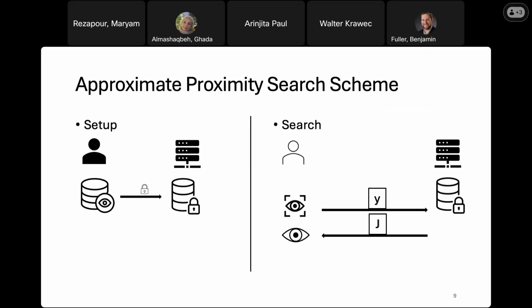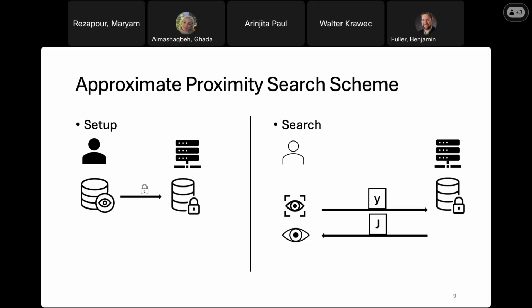Okay. So an approximate proximity search scheme, like many other searchable encryption schemes, contains two main functions, setup and search. Through the setup, the data owner would encrypt their biometric data set using their own key and send it to a remote server.